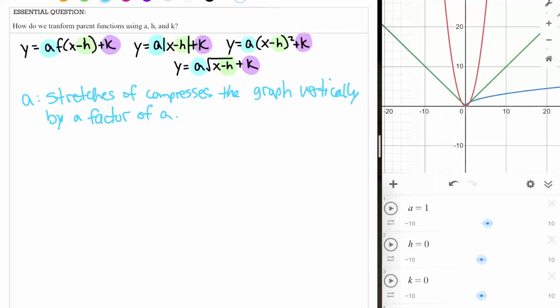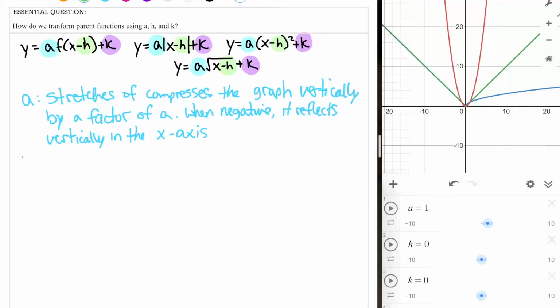So when it's negative, it also reflects the graph vertically in the x-axis. When it's the default 1, the graph is your normal shape. When it's greater than 1, it's going to stretch it vertically. When it's less than 1 but greater than 0, it's going to shrink it or compress it. It flattens the graph. And when it's negative, it flips that graph upside down.